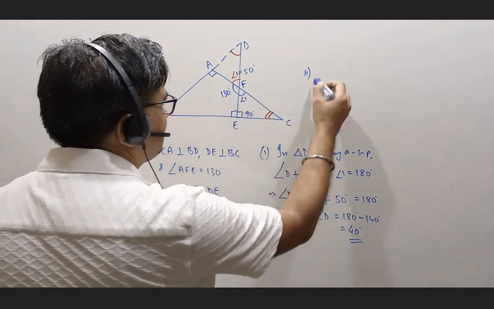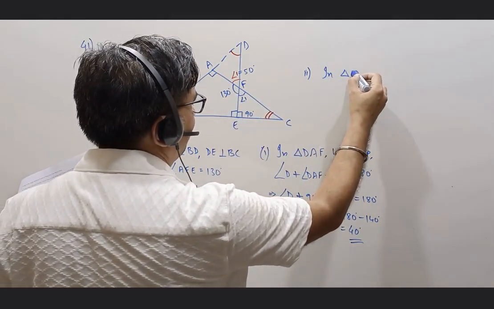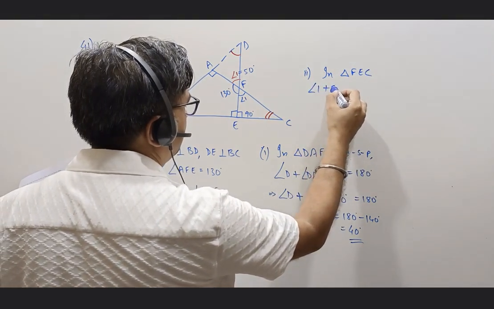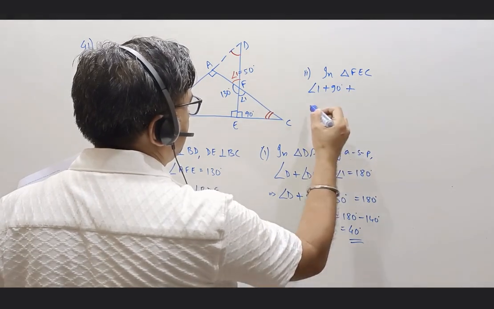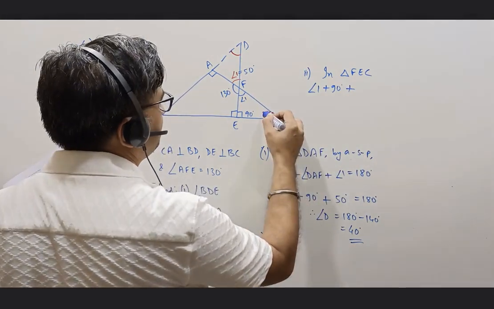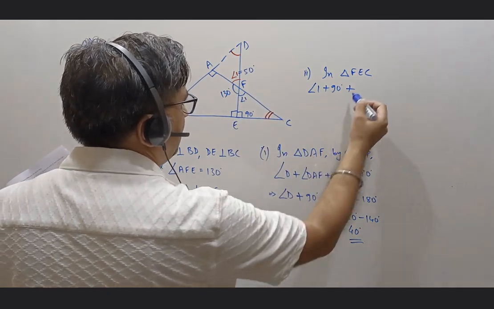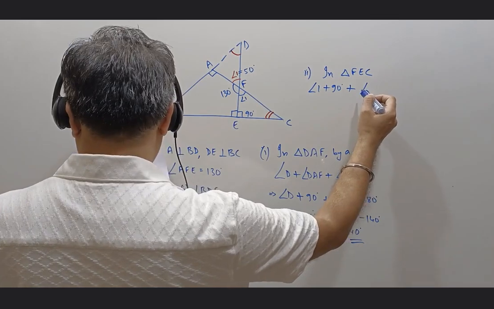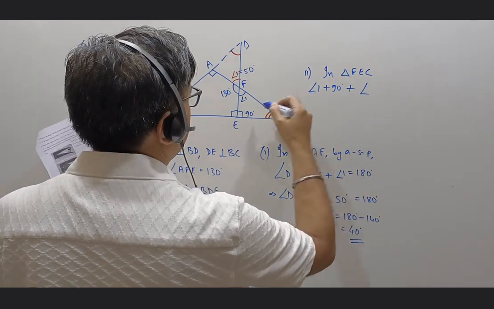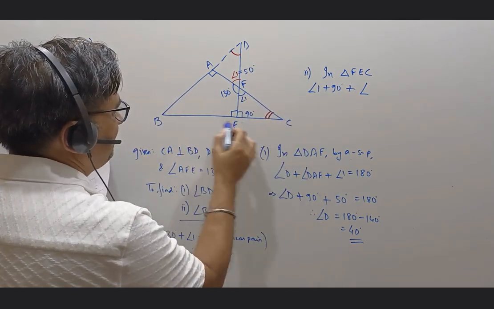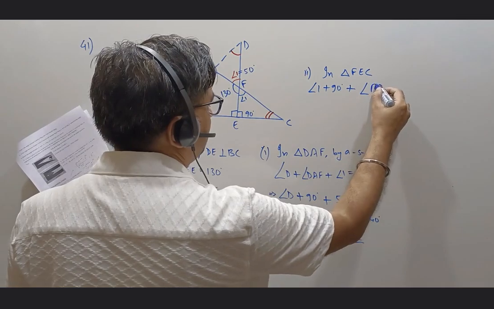In triangle FEC, angle 1 plus 90 degrees plus angle FCE is equal to 180 degrees. In fact, FEC is the same as BCA.